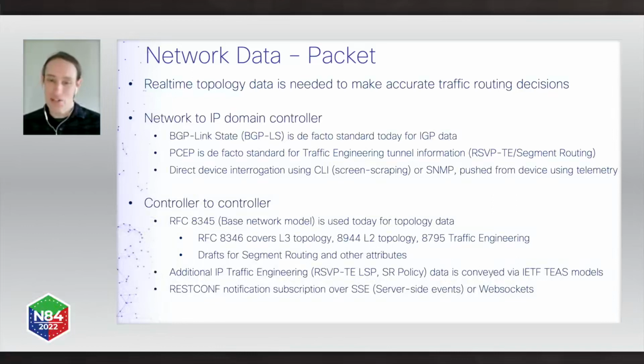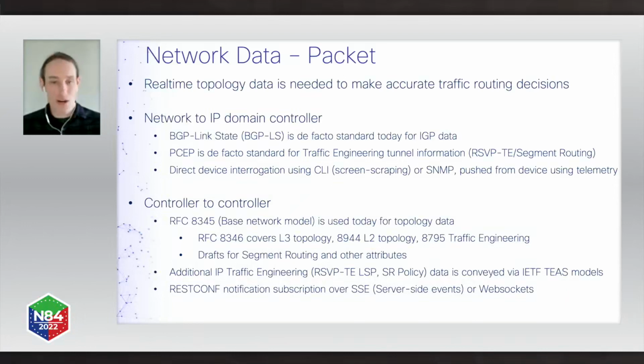The IETF has defined a lot of RFCs around a standardized network model. And there's a base model in RFC 8345. And there's a number of RFCs and drafts that build upon that. So they add data to the base network model, which may just include, say, node information. So if I want to add TE information, L2 information, even segment routing information, there are other drafts that now add information to that.